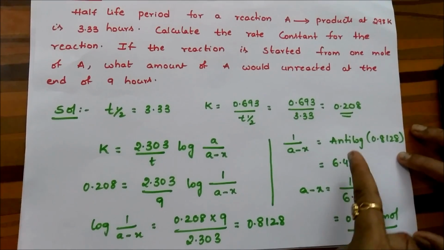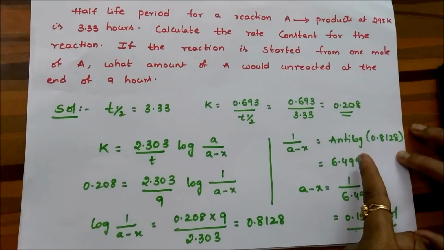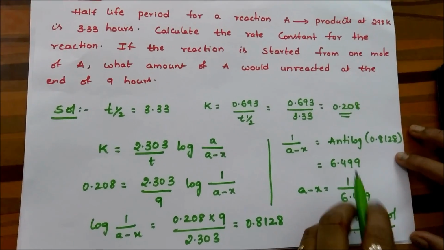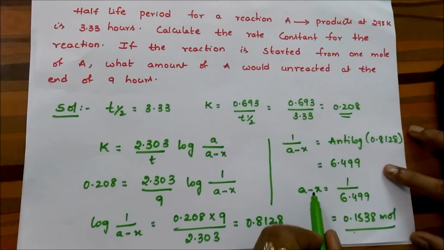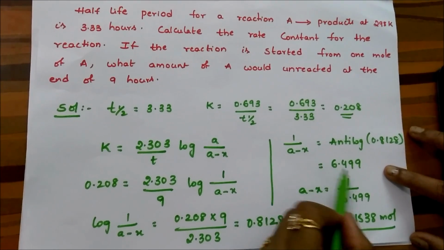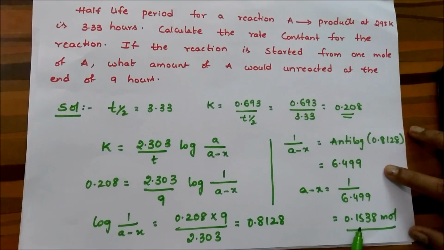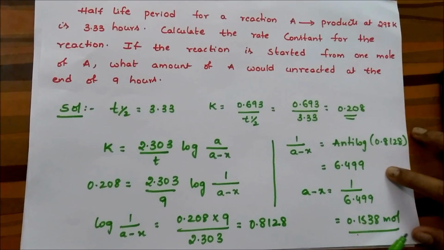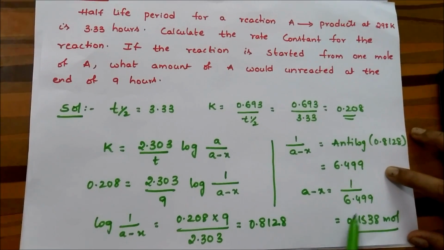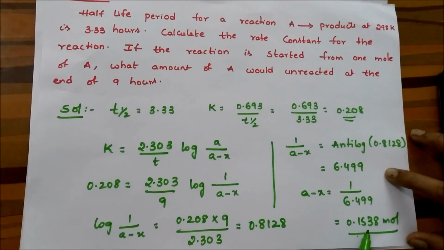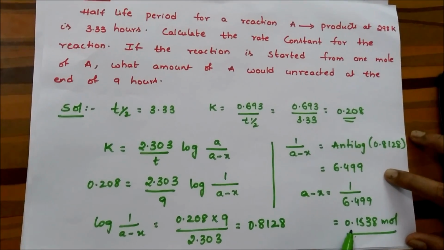Log, if moved from the left-hand side to the right-hand side, becomes anti-log. Find the anti-log of this value, that is 6.499. Then A minus X is equal to 1 by 6.499. You get 0.1538 moles. This is the amount of reactants left after the reaction.